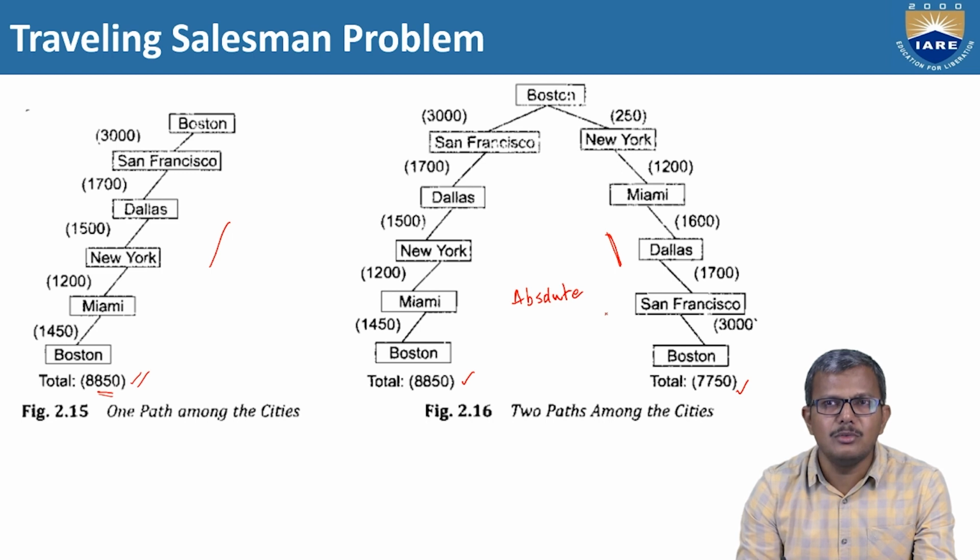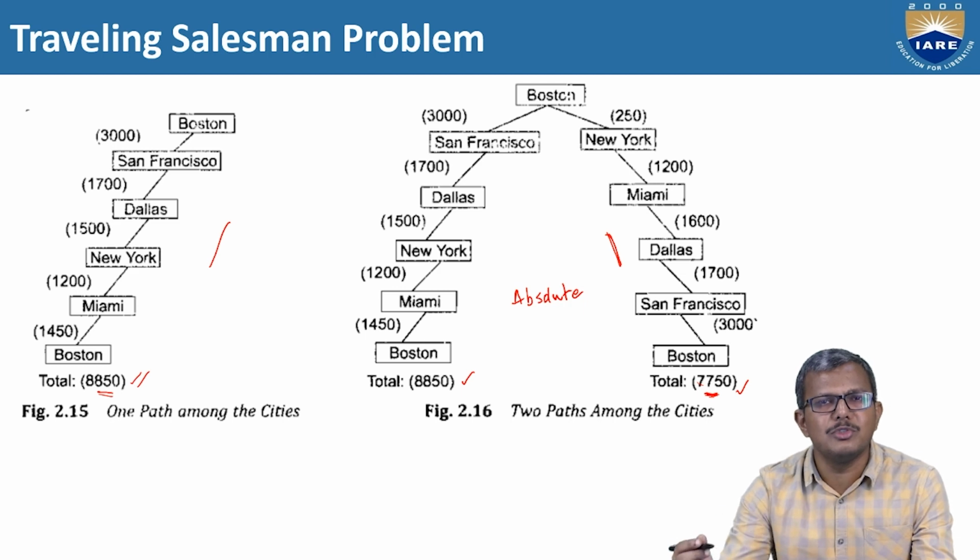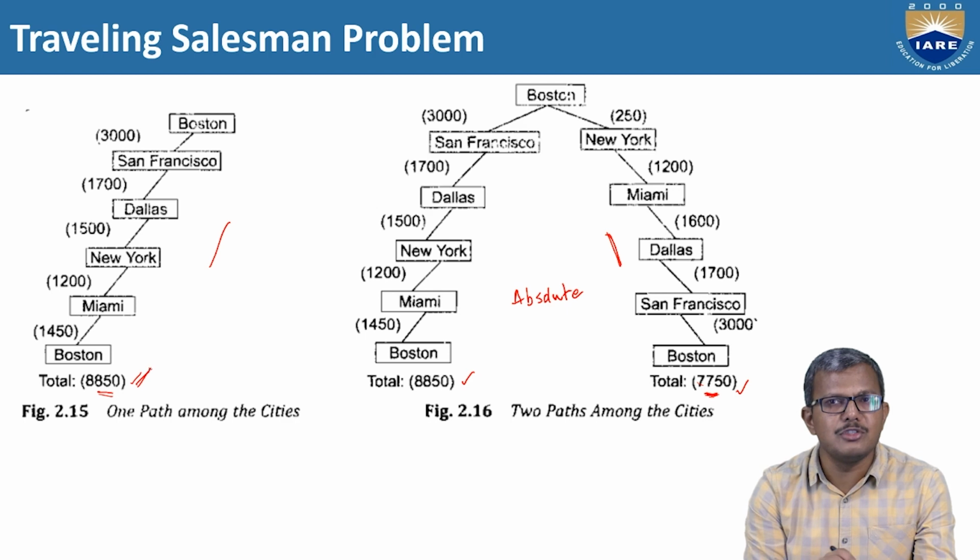After trying to identify all the possible paths between the cities, we came to know that 7,750 will be the shortest distance between the given cities. So ultimately, the salesman is going to select this particular path to make the move every time between the cities. So you should understand whether your problem solution is giving a relative solution, or the solution is completely absolute. Okay.